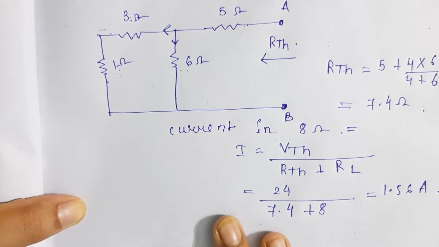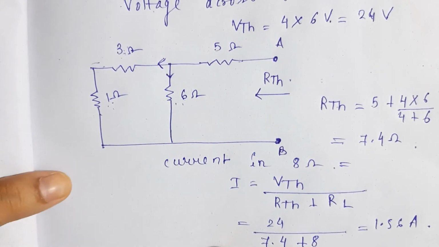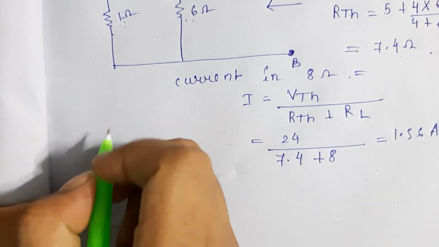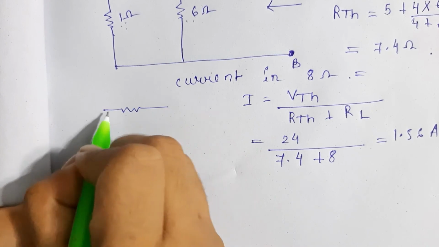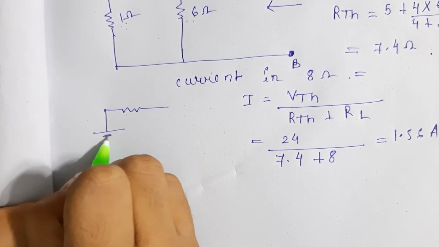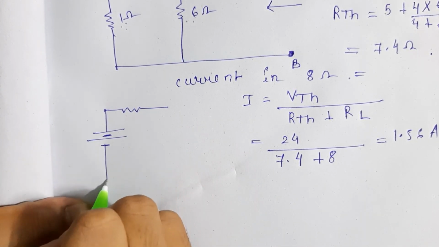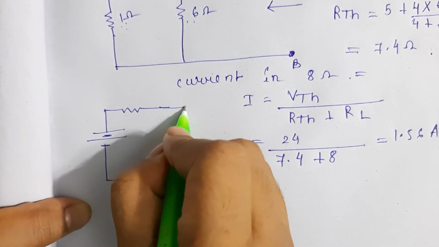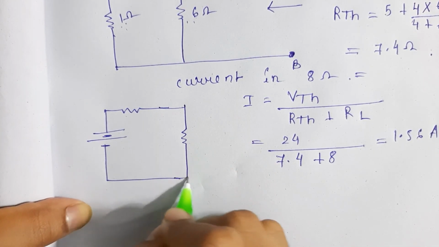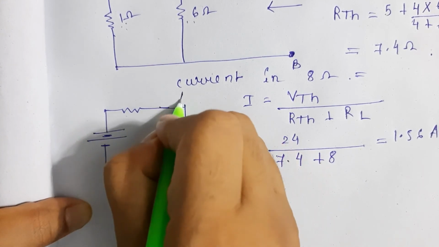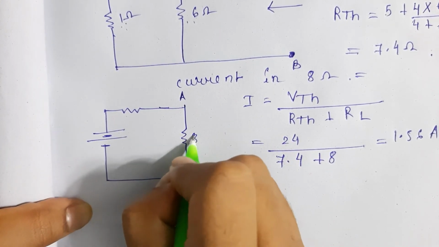Now what will be the final circuit? The final circuit will be RTH in series with VTH, and there will be RL given. RL was 8 ohm.